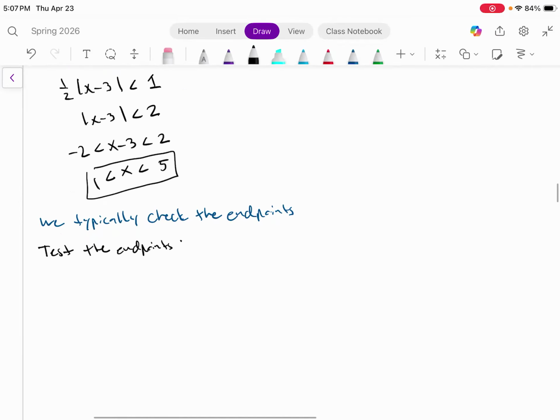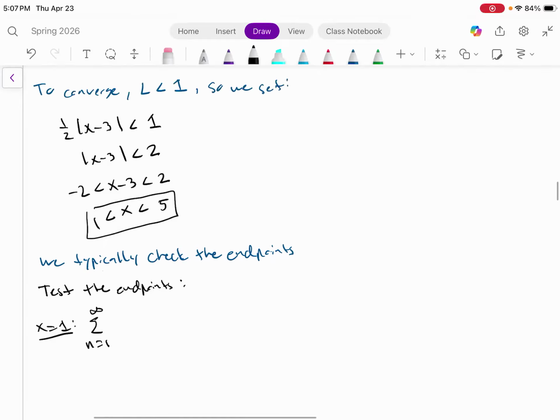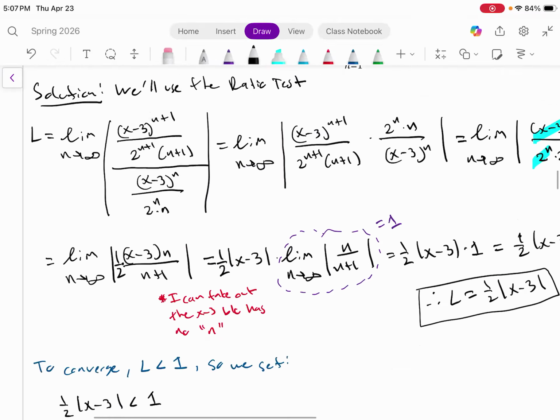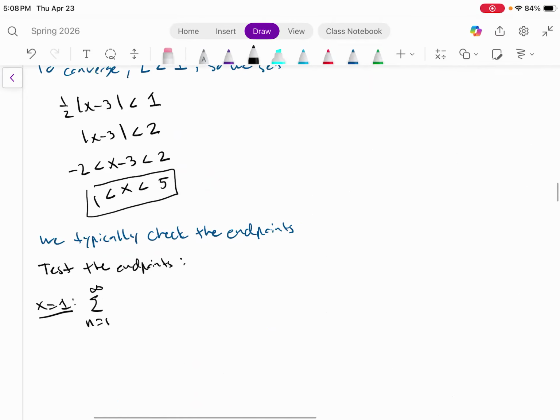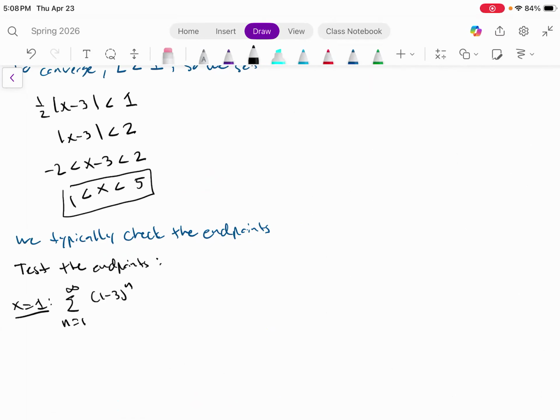Okay, so for x equals 1, what we're going to do is plug that into the power series that we're working with. So this would be 1 minus 3 to the n over 2 to the n times n. This would be the series n equals 1 to infinity, negative 2 to the n over 2 to the n times n.